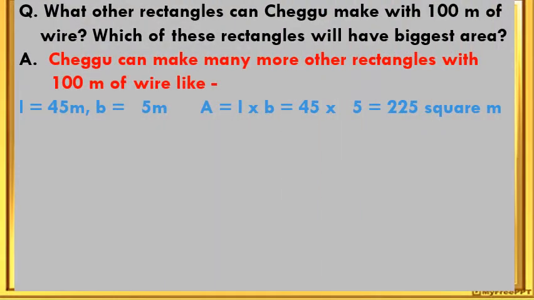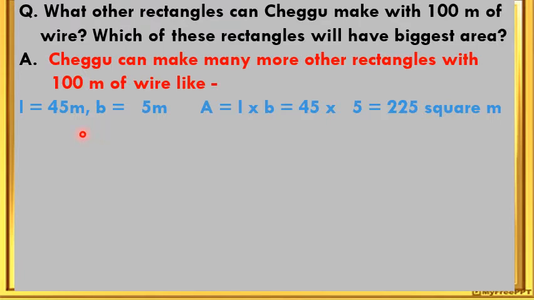Now children, what other rectangles can he make with 100 meters of wire? And which of these rectangles will have the biggest area? Answer is Cheggu can make many more other rectangles with 100 meters of wire.